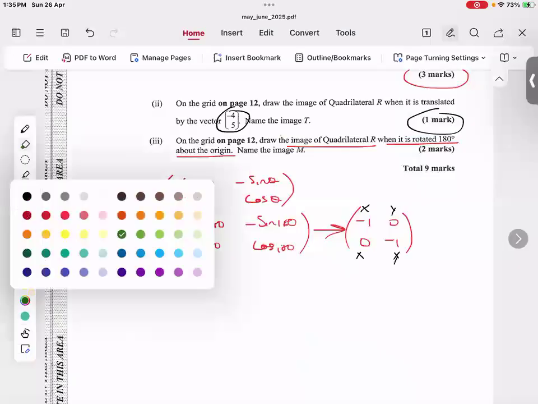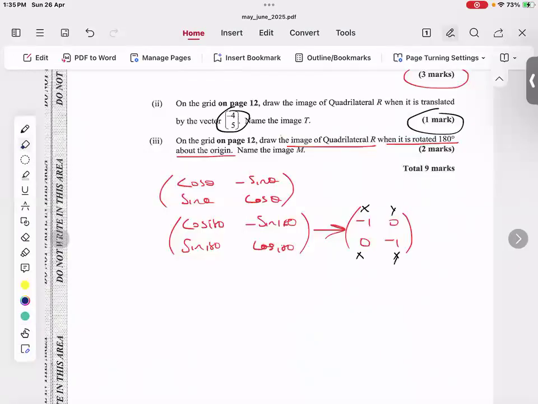So go ahead for me now and tell me what the points were again. 1, 1. That is it, right? Then you say 1, 2. What was the third one? 4, 1. And the last one was what? 4, 4. All right.